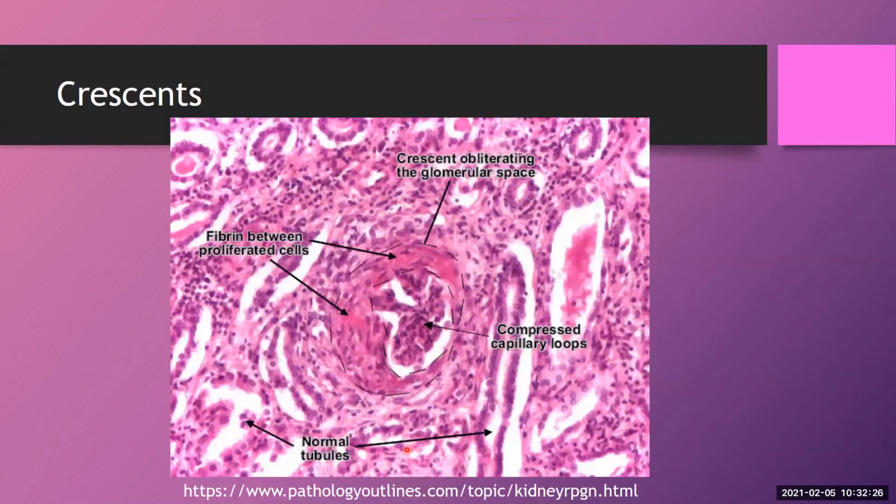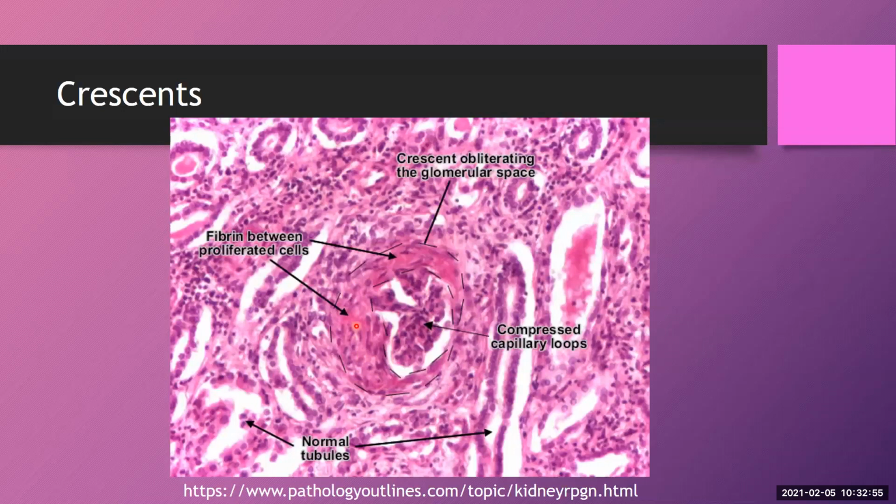So here's light microscopy. We can see crescents in a lot of different glomerular diseases, and that includes IgA nephropathy. Here by light microscopy again, we can see the histologic image of what I just showed in the illustration. We've got the proliferation of these cells outside of the glomerular capillary that are pushing it over to the side. And sometimes you can even see the individual fibrin strands by light microscopy in between these proliferating cells.